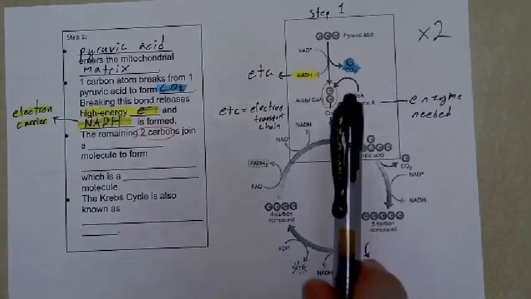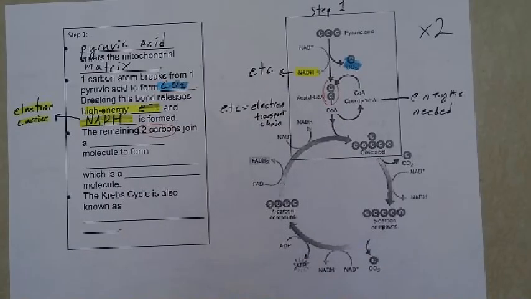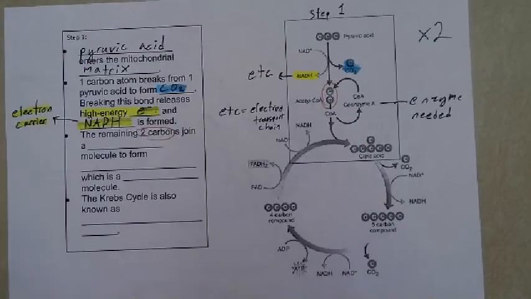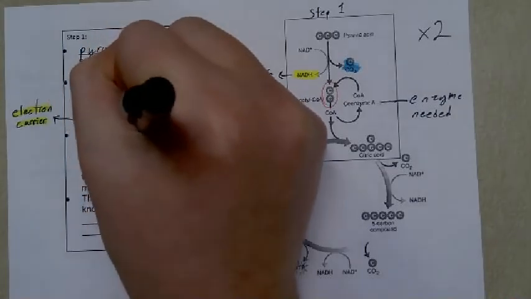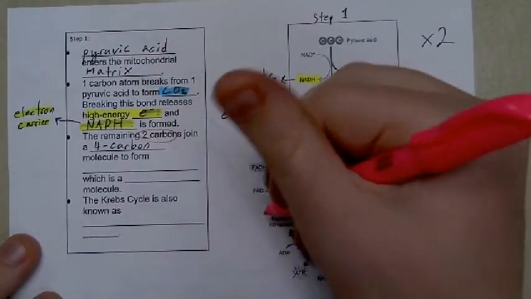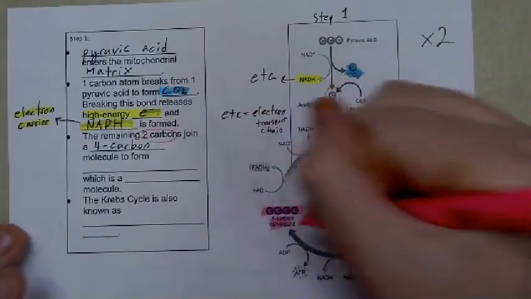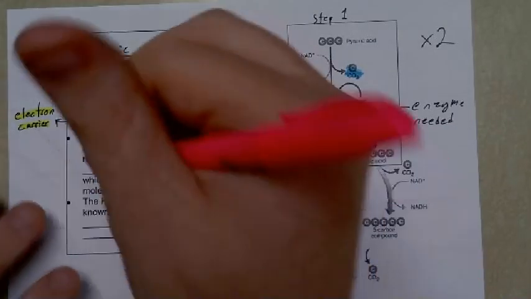So we are going to take these 2 carbons from this molecule, and we are going to combine them together with a 4-carbon molecule. So now we have 2 carbons plus another 4-carbon molecule, which is this one right here from earlier on in the cycle. We're going to reproduce this 4-carbon molecule in our next step here so we can keep the cycle going forever. That's how cycles work. We want to keep them going.